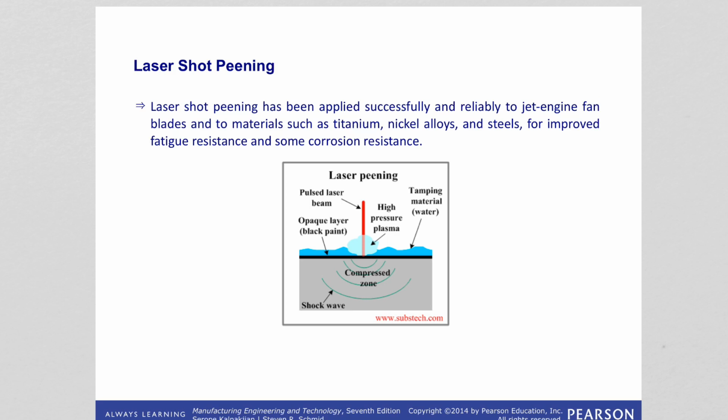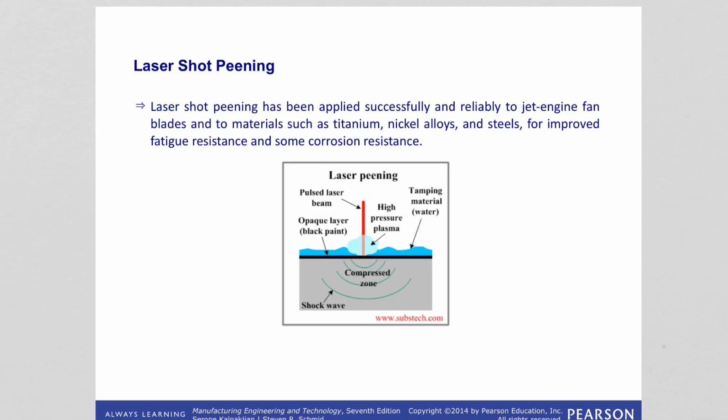It is just a cold work. There is no heating nor melting. And the purpose of the water, as I explained, is just to confine the high pressure plasma gas. It is not related to the cooling of the workpiece surface.